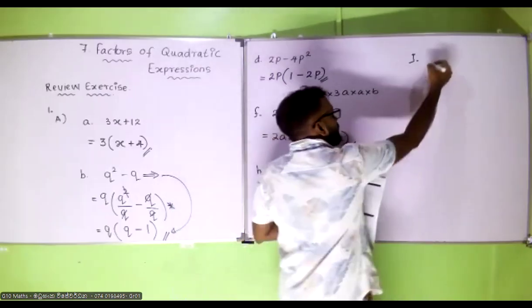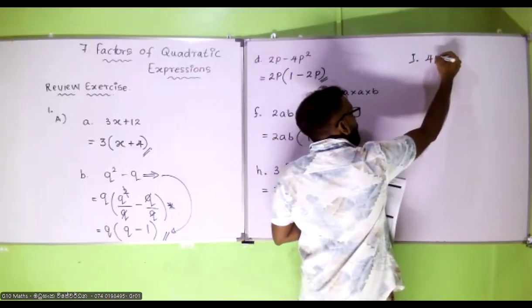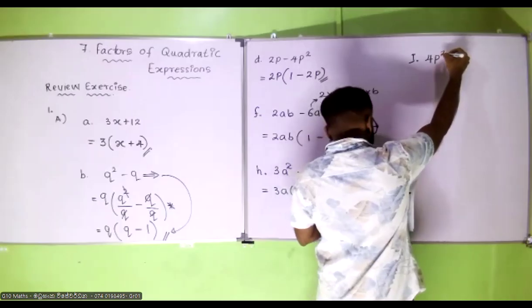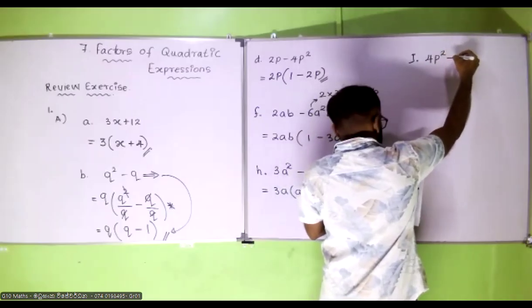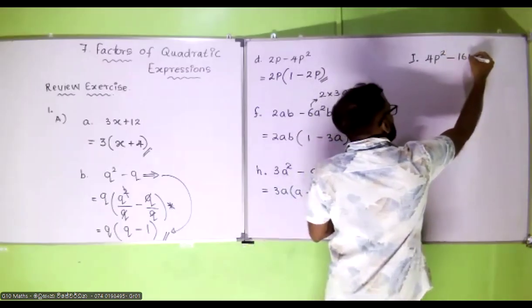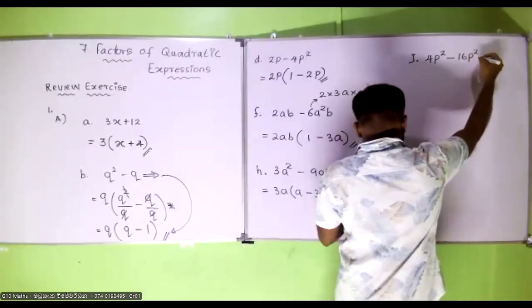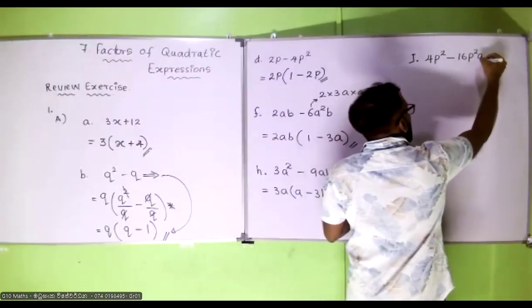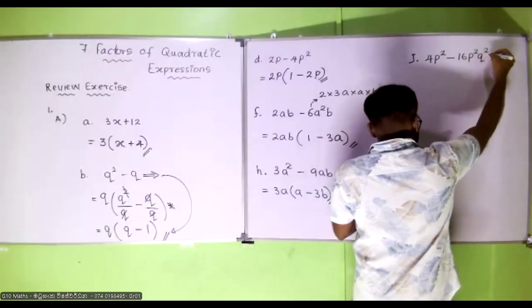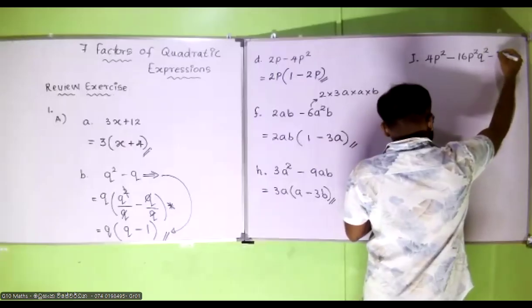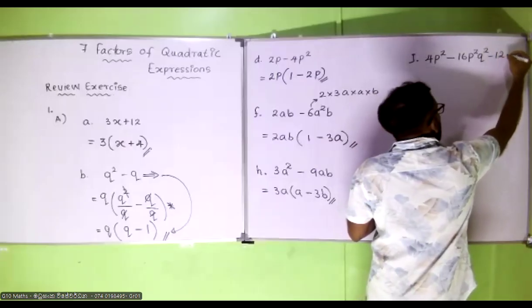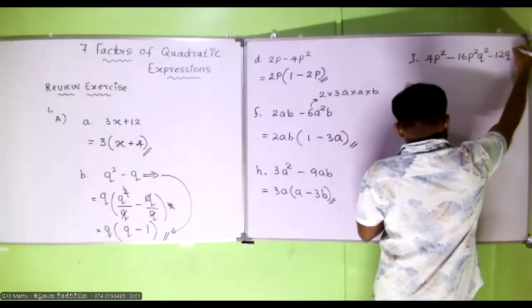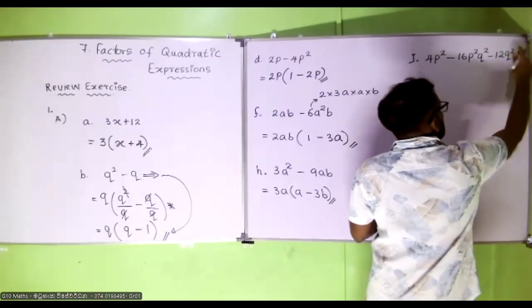4p square minus 16p square q square minus 12q square. Right, so this is simple.